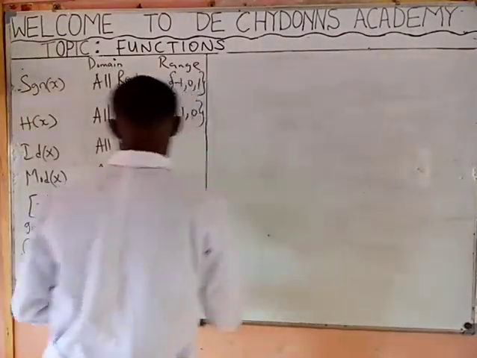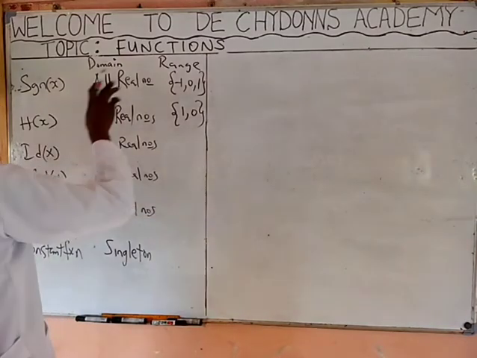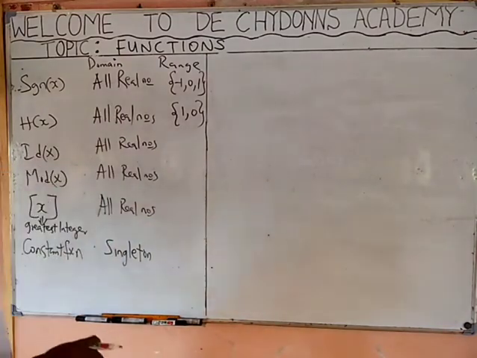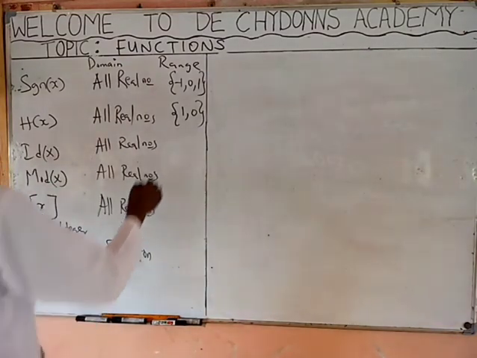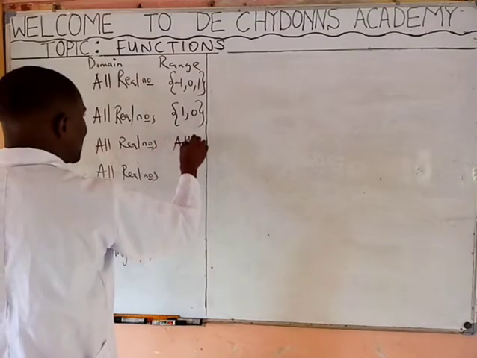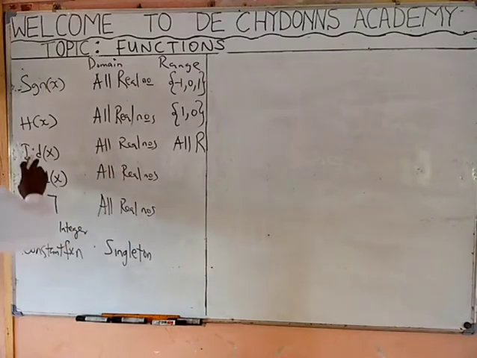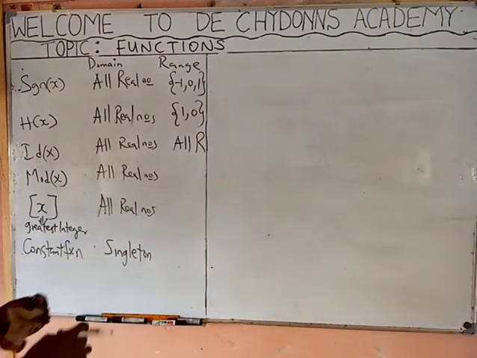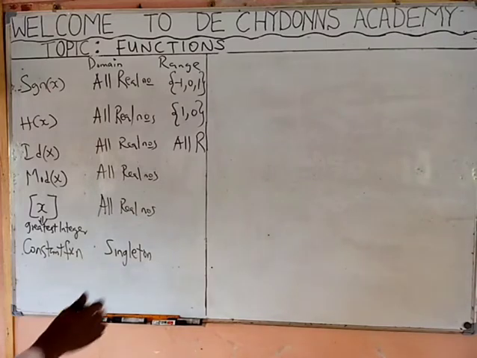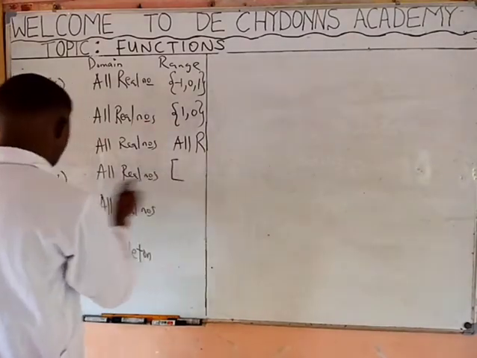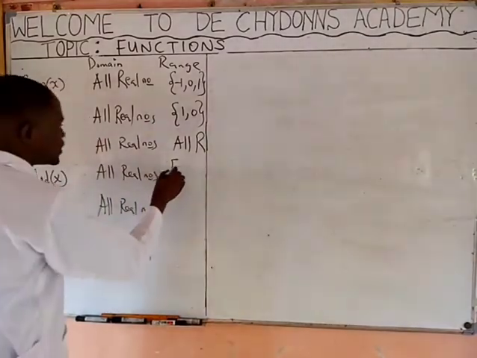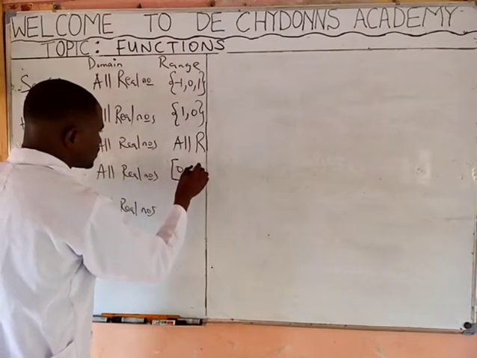Then, what is the range of the identity function? For the identity function, it is all real numbers. All real numbers is also the range of the identity function. What is the range of the modulus function? For mod x, it is 0 to infinity.